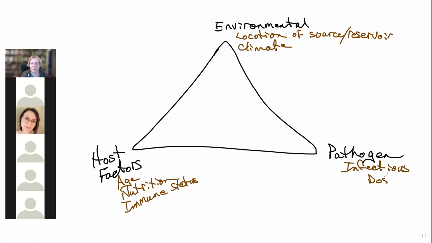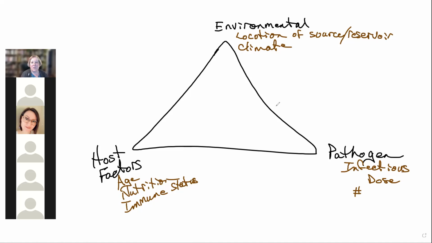How many of the pathogen do you have to have contact with to get the disease? If you get too few, your immune system can take care of it before you get disease. You get too many, it's more than your immune system can handle for most of us, and you get sick. So the goal of epidemiologists is to interrupt this triangle.